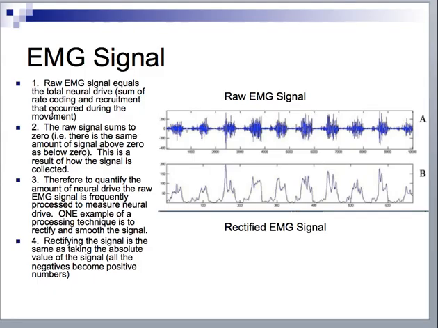So what does an EMG signal look like? If we look to the right, we can see a graph where voltage is on the y-axis and time is on the x-axis, and we can see these blue bursts of activity.